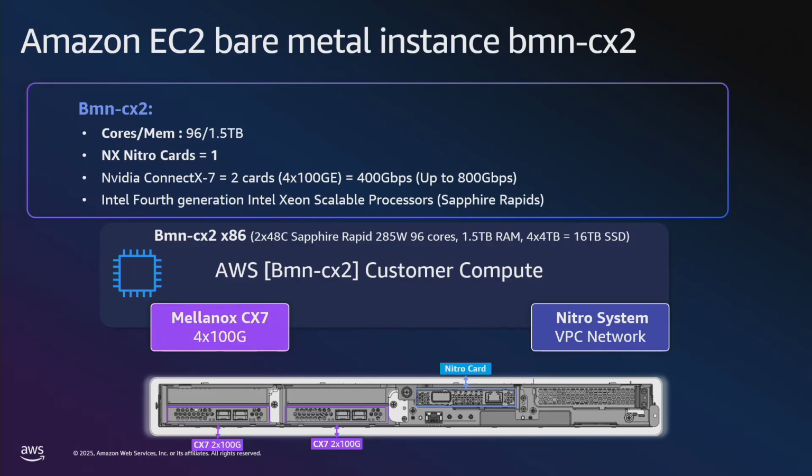That's 800 gig of traffic, hence more processor cores, because you need that many processor cores to drive that level of traffic. Again, we still have Nitro in there. Again, we still have VPC networking. We're separating out a layer 2 network for super high throughput and a VPC network for stuff, and that's a really technical term, stuff to go back to region.